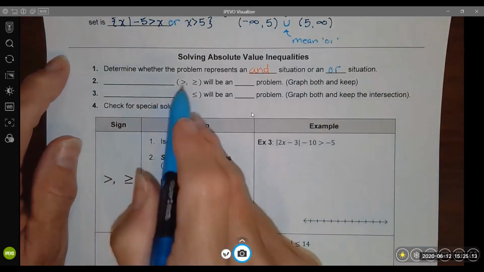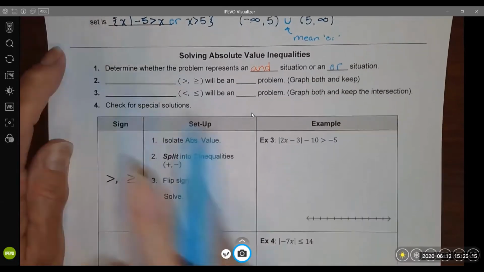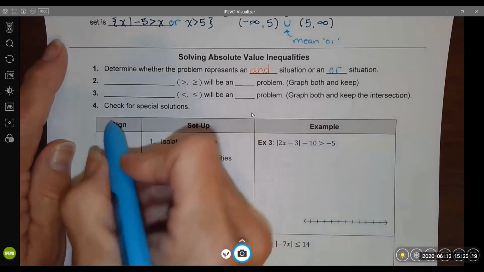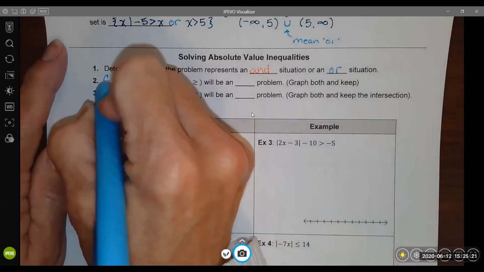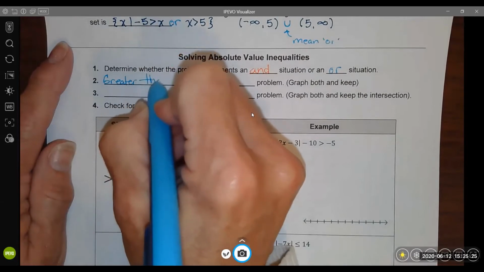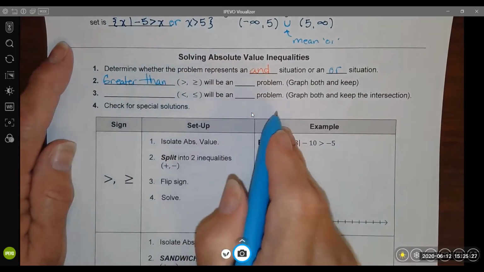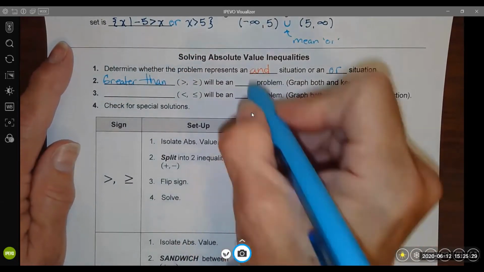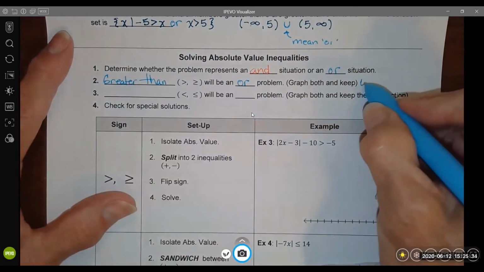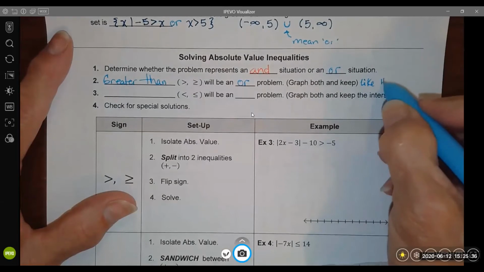There is a generalized rule that you could probably surmise from looking at the equations up above. If my symbol is greater than, then I am going to live outside my bounds, and this is going to be an or problem, just like number 4.